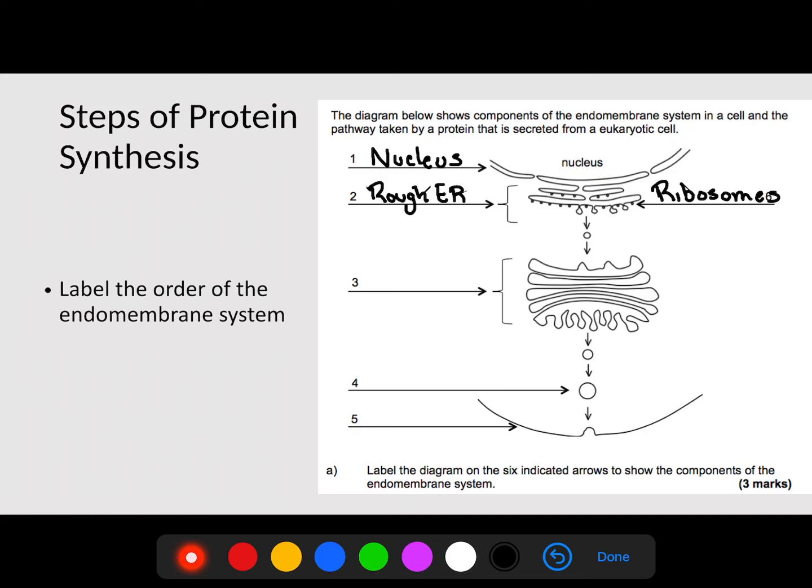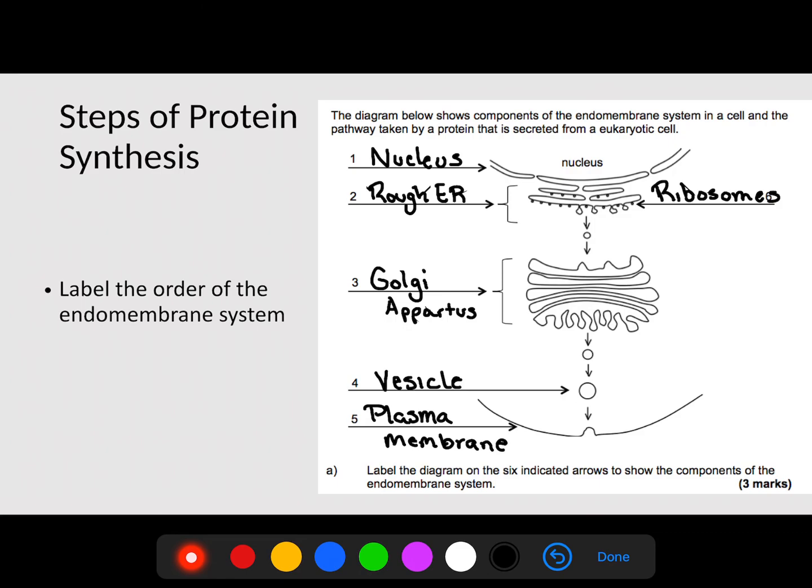Once it is produced, it's sent into a vesicle and sent to the Golgi apparatus, where the final modification occurs and it's shipped out of the cell via a vesicle. That vesicle then attaches to the plasma membrane and is shipped outside of the cell. So again, nucleus, rough ER, ribosomes, Golgi apparatus, vesicles, and plasma membrane.